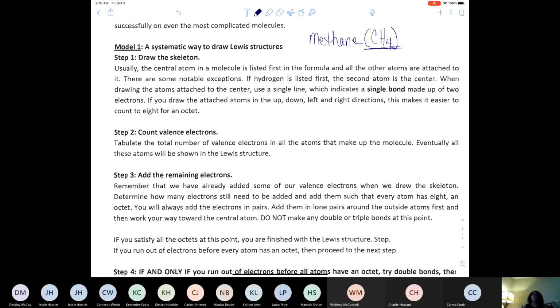So hydrogen will never be the central atom, and the central atom is usually the first atom in the formula of the compound.